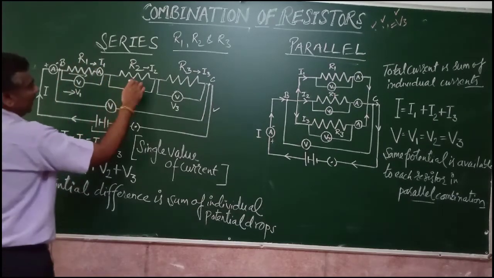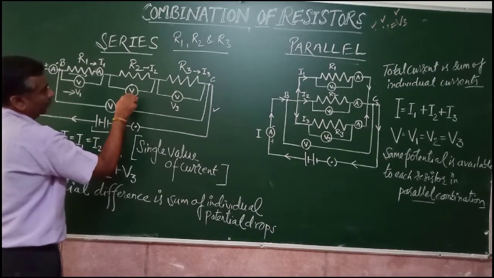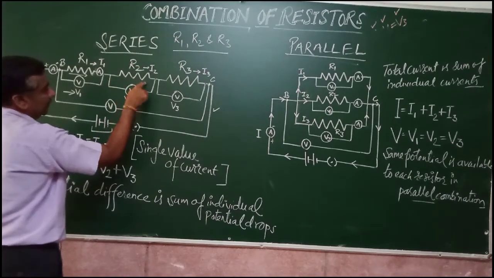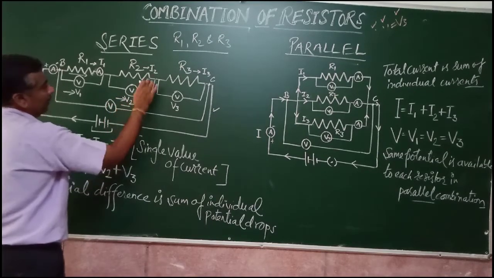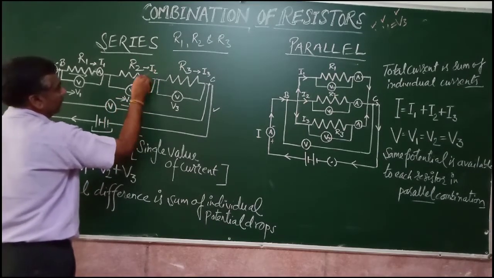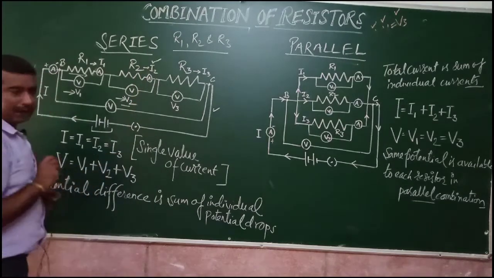Now when the current enters into the second resistor, the potential drop across the second resistor is measured by this voltmeter which is connected across the second resistor, and suppose this potential drop is V2. Similarly we have connected one ammeter here and the current through R2 is I2.